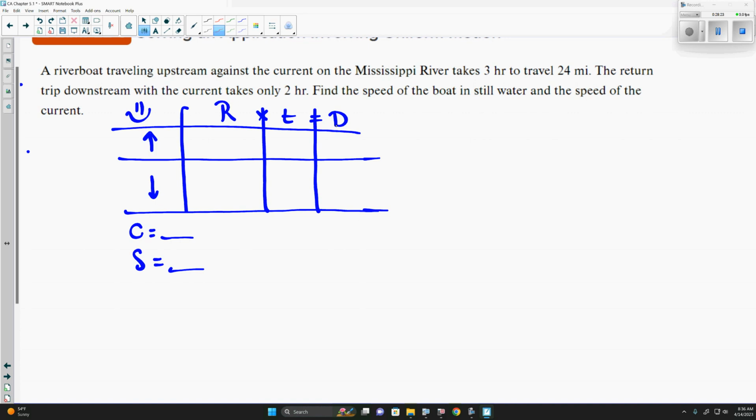So a boat traveling upstream against the current takes 3 hours to travel 24 miles. Traveling downstream takes 2 hours to travel the same distance.